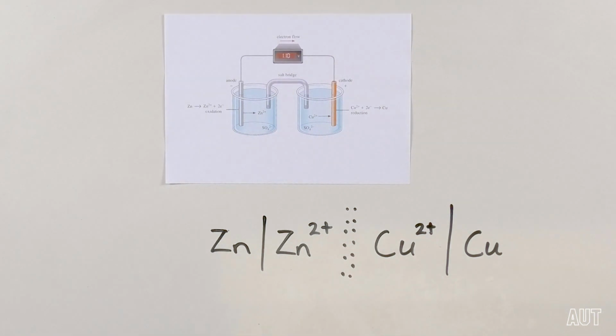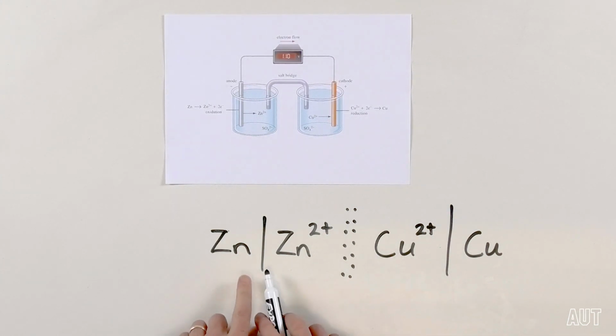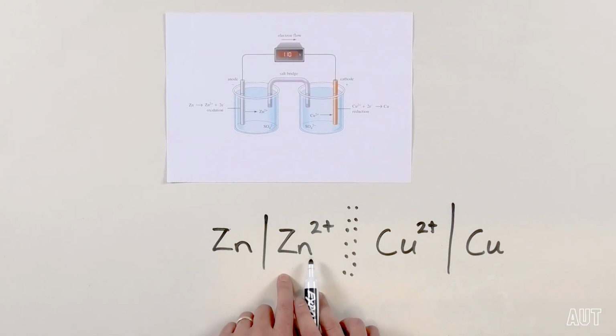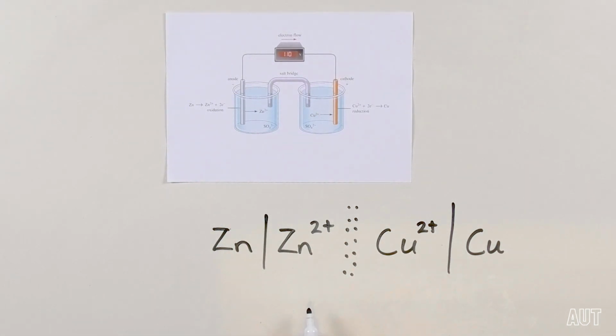Okay, so what does this all mean then? We have got a vertical line, and a vertical line shows that you have got whatever is on either side of that vertical line in different phases from each other. Okay, so here we've got solid zinc. Here we've got aqueous zinc 2+. So they are different phases, so we put a solid line between them.